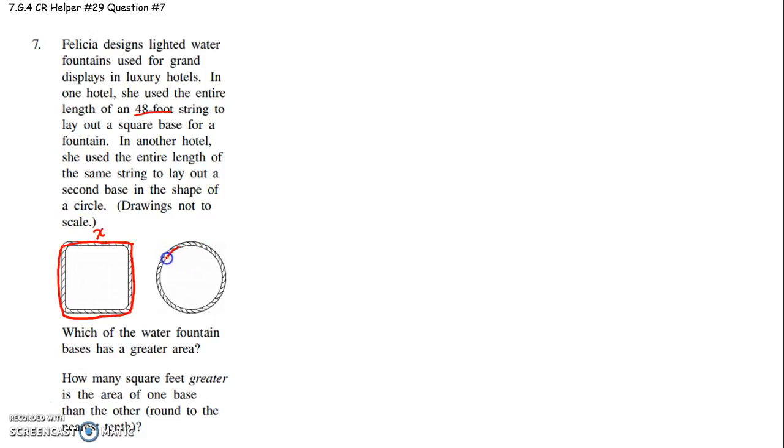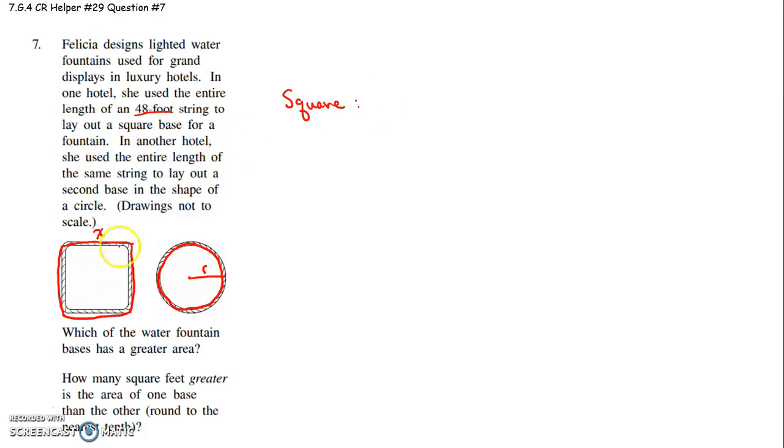And before we can find the area, we need to use the fact that the circumference is 48 to find a radius. So those are the items we need to handle before we have a chance of finding the area of each. So let's start with the square.